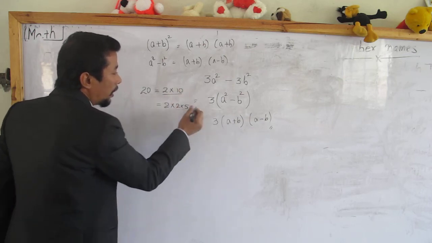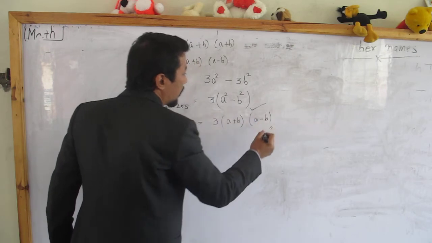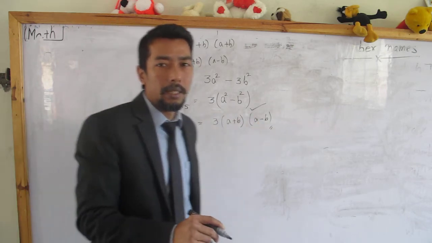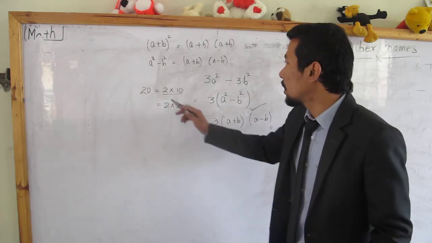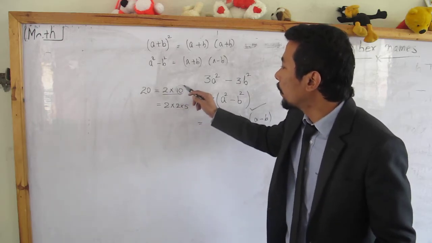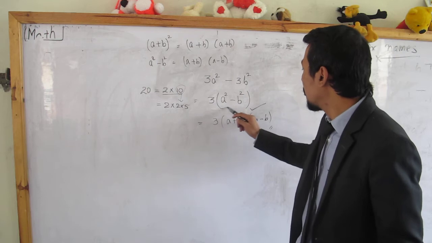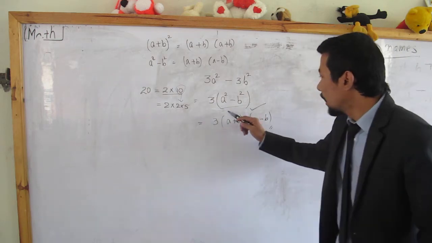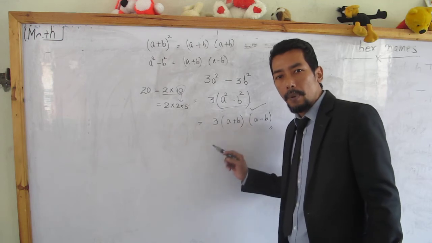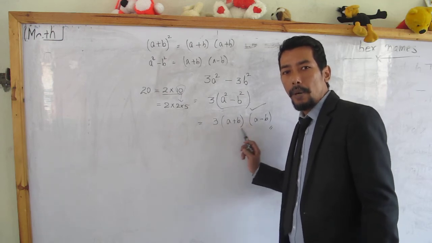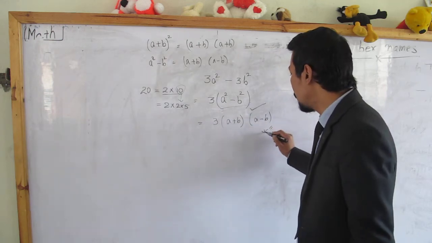Okay, so similarly here also this step is absolutely correct. Your step is not wrong, nothing as such. The only thing is, like here, it can further be factorized, and the factor form of a square minus b square is a plus b, a bracket a minus b. So this is our complete solution.